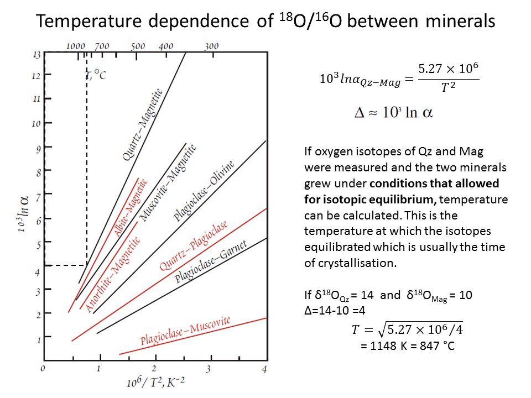So this is the axis along the bottom: 1,000,000 divided by temperature squared. High temperatures are over to the left, low temperatures are over to the right. Then on this graph we've got 1,000 log alpha, so that means that we've got bigger isotopic fractionations as you go up.